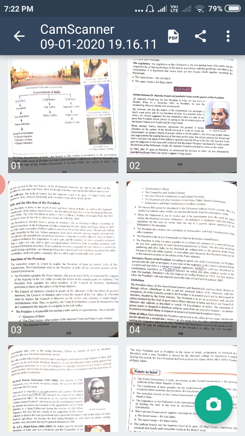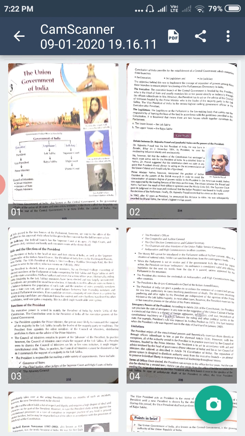All the bills passed in the two houses of parliament are sent to the office of president for his approval. As you have done in 7th standard for state government, how the bill is passed in the houses of state assembly, Vidhan Sabha, Vidhan Parishad, then it goes to the governor at the state level.